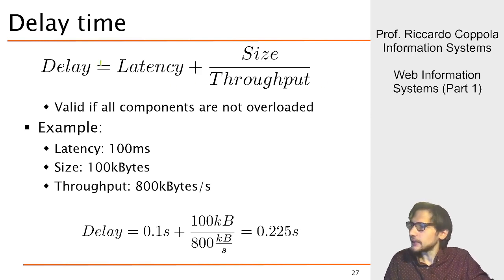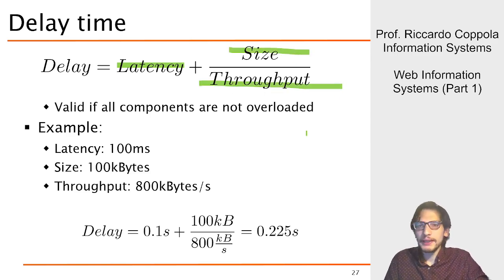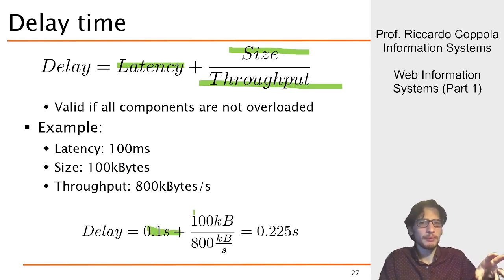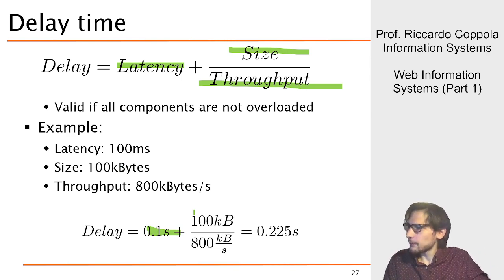The delay is provided by the latency, so the minimum time that you need for getting an HTTP response from the server, plus the size of the content that I need, divided by the bandwidth, the throughput. So, for instance, if I have a latency of 100 milliseconds, this will be always there, because it is the minimum that I need to get a response from my server.